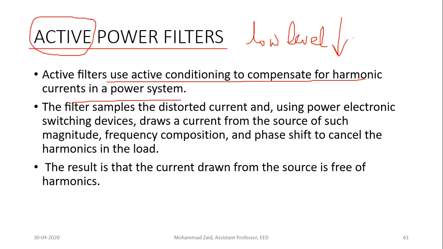Active filters use active conditioning to compensate for harmonic currents in the system. The target quantity here is to reduce the harmonic current.